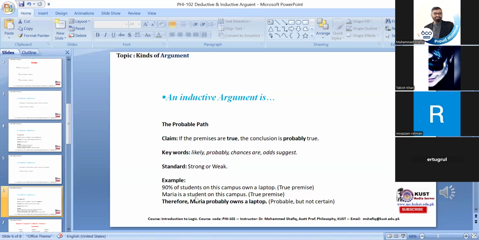If it does not, then it is false. While in an inductive argument, it's not true or false, it is valid or invalid. Inductive arguments are strong or weak, and we can check the reality in a real life situation. We can check whether Maria owns a laptop or not. There is a probability.